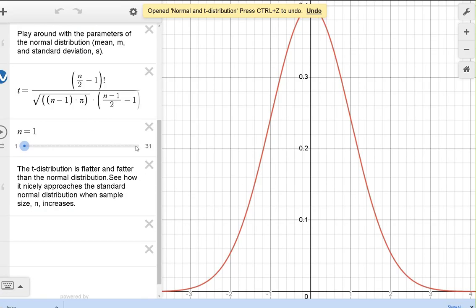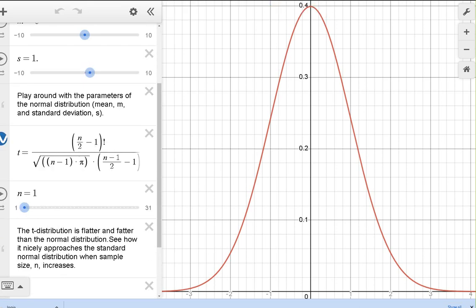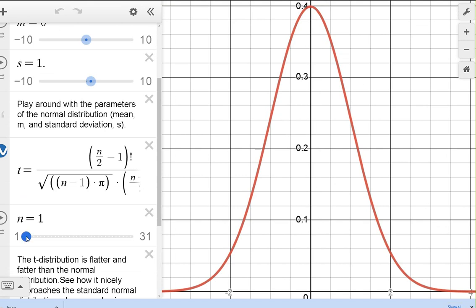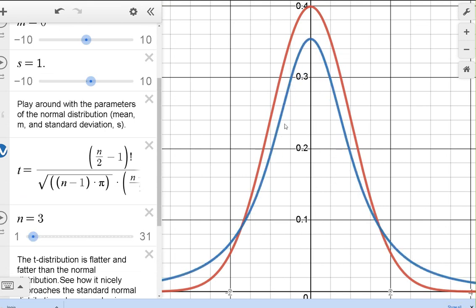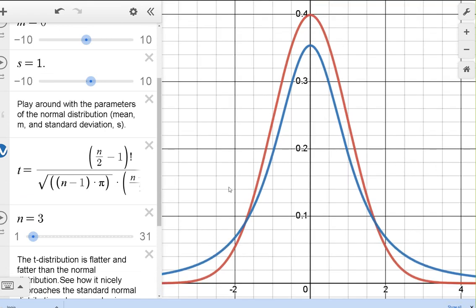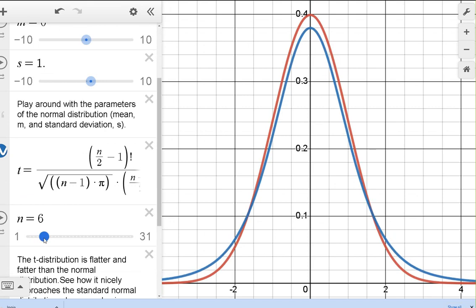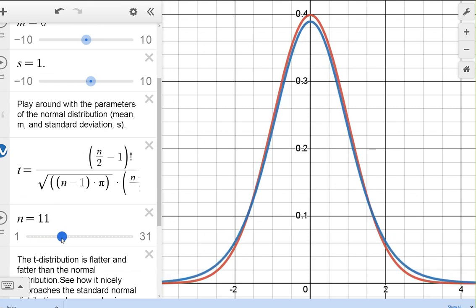So this was our t-distribution and z-distribution comparison. When you have 1 degree of freedom, there's a noticeable gap between these two distributions. But as your degrees of freedom increase, there's not much of a difference between the t and the z. And at about 30 degrees of freedom, they're really close.